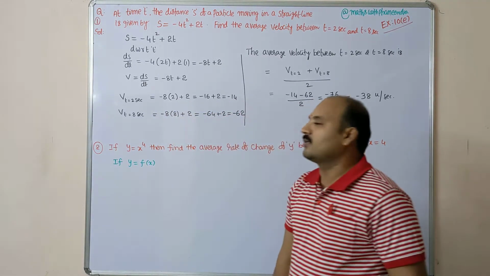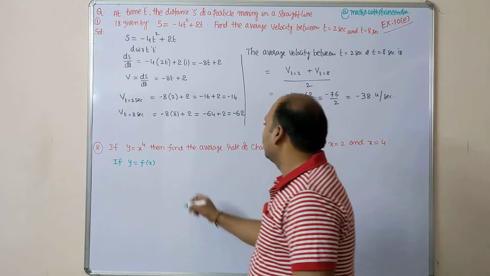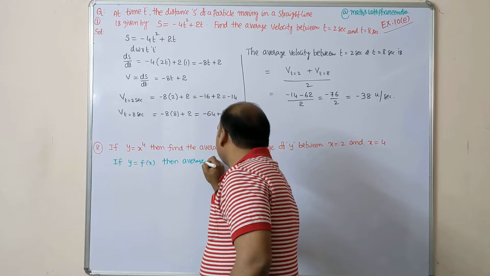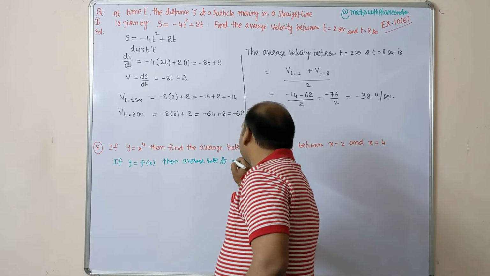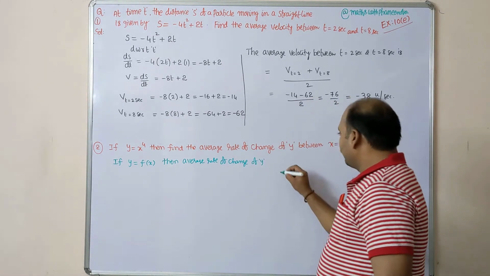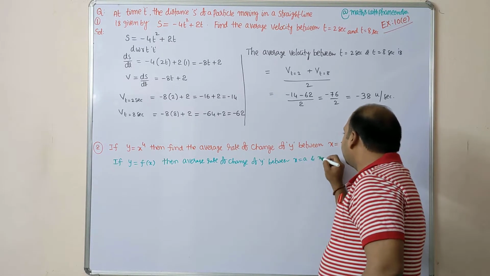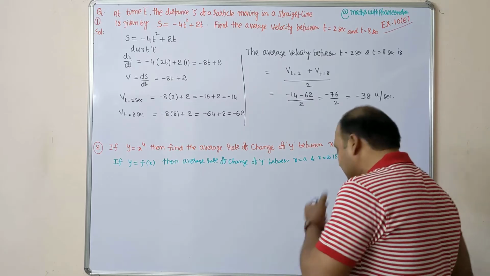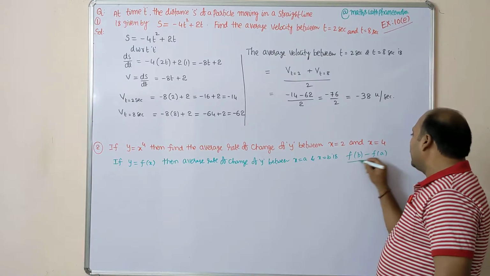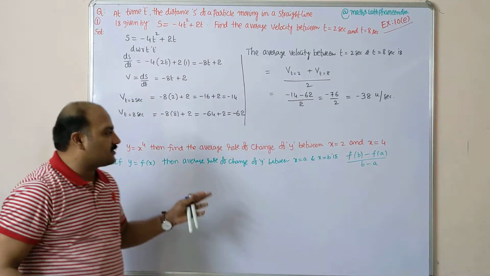If y equal to f of x be any function, any relation in terms of x and y, then the average rate of change of y between x equal to a and x equal to b is defined as f of b minus f of a divided by b minus a. This is the formula you can apply, dear students.